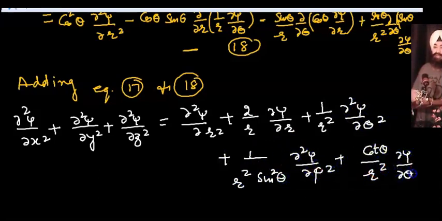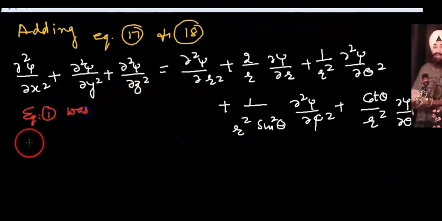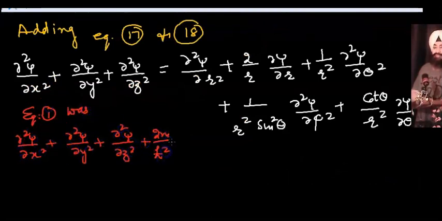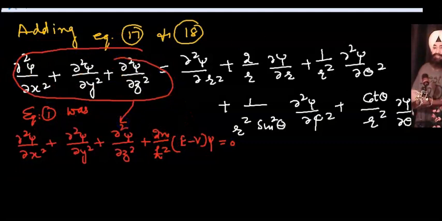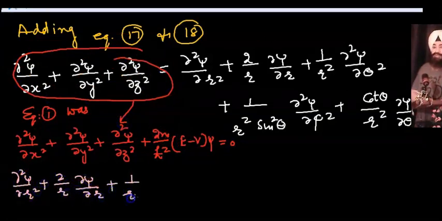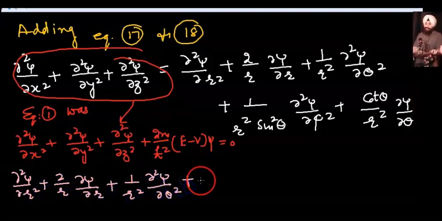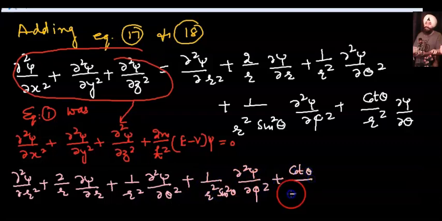The right hand side is only containing the terms r, theta and phi. So this is the Schrodinger equation. Substituting here. Now the Schrodinger equation is converted into spherical polar coordinates, meaning in r, theta and phi.